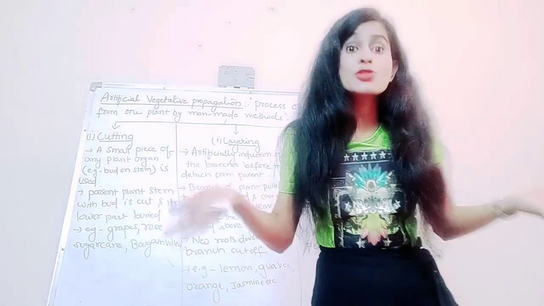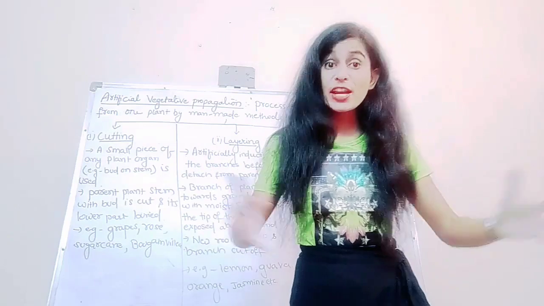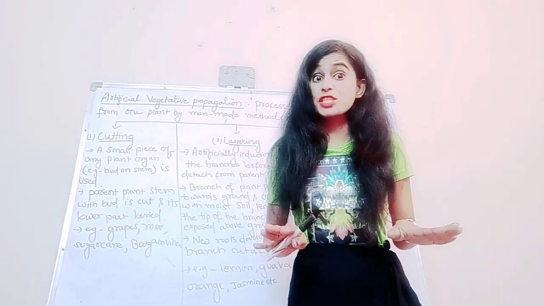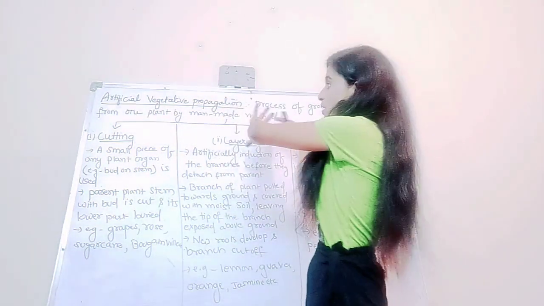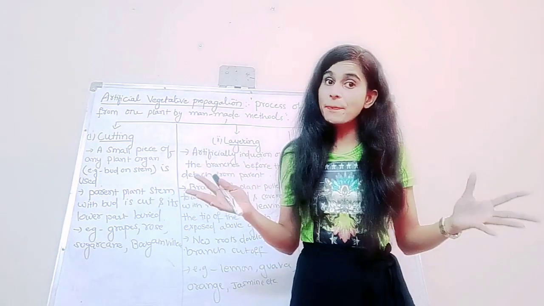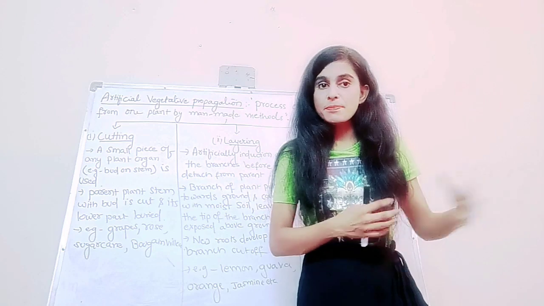Man has to do it manually, and then we get a number of plants from a single plant, and it's very beneficial to horticulturists. So artificial vegetative propagation means production of many plants from a single plant by man-made methods.